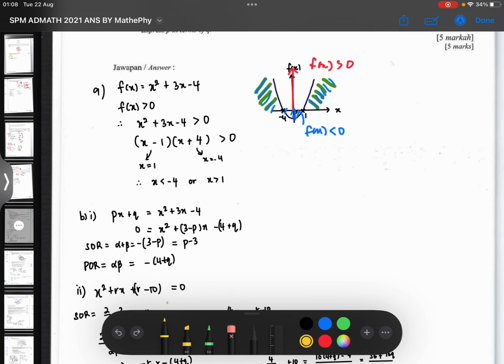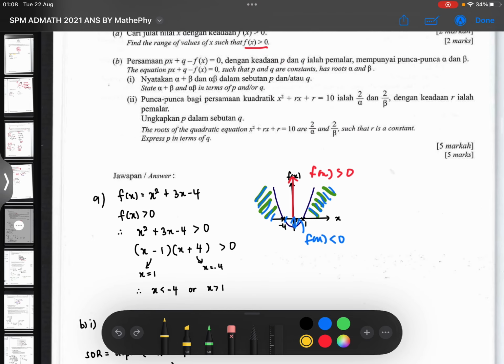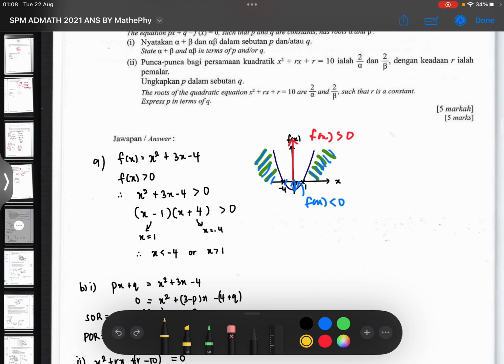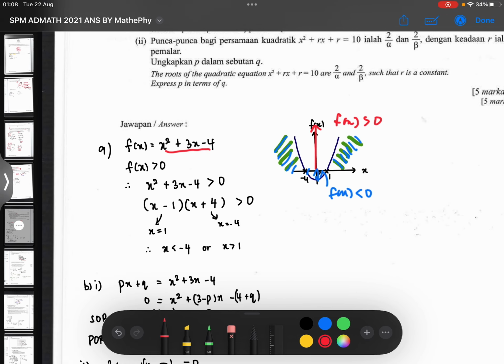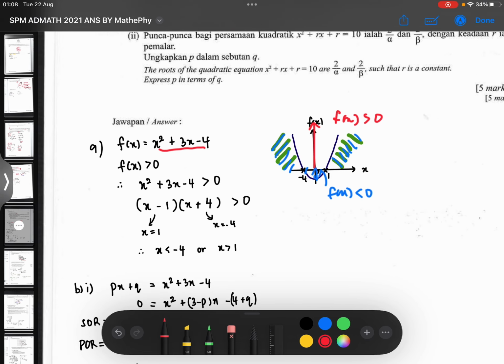Okay, so we just apply it like this. This is our function, and then just apply the inequality, because f(x) is greater than 0, which means this function should be greater than 0 too. So this is actually a quadratic. Just factorize like usual, and you get two roots, -4 and 1.